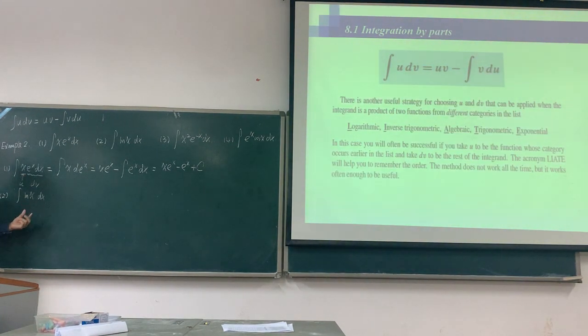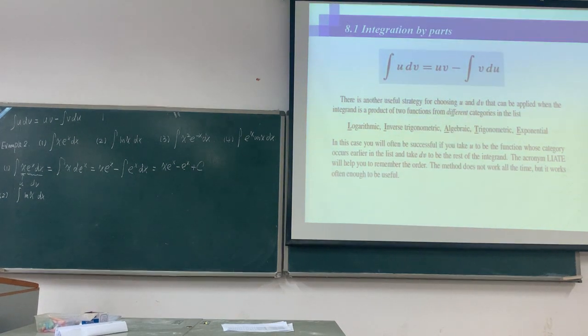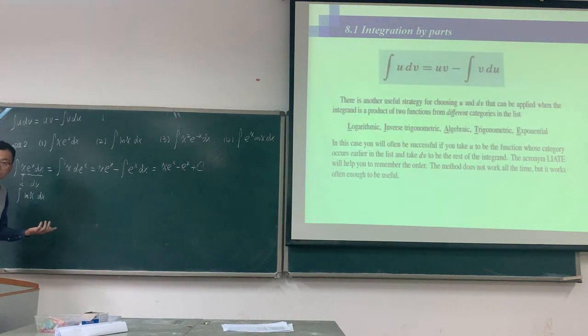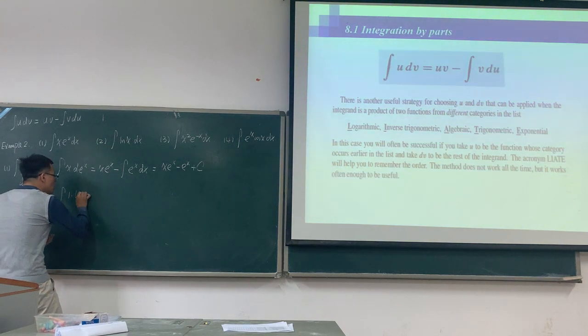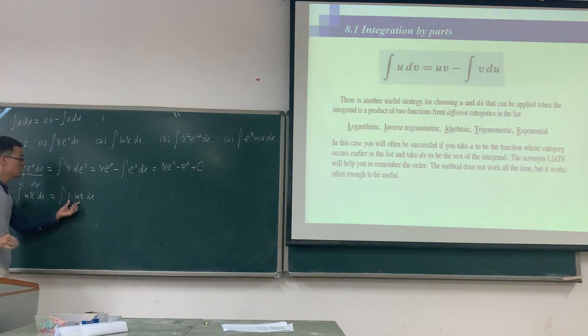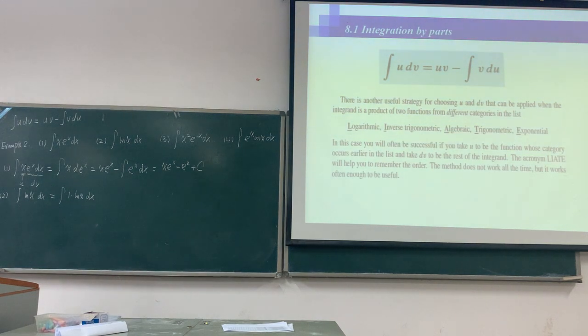So ln x, we can rewrite it as 1 times ln x, so the integral is 1 times ln x dx. Now we see a function times another function. Here 1 is x to the power 0.